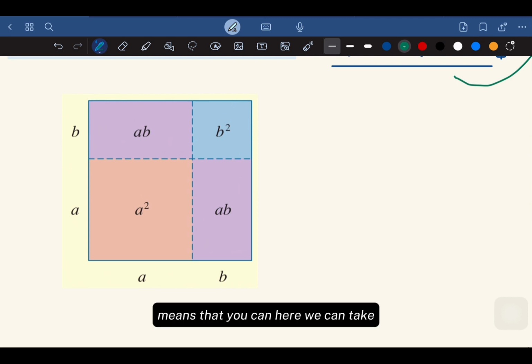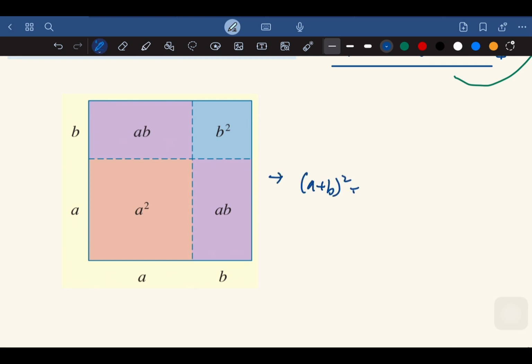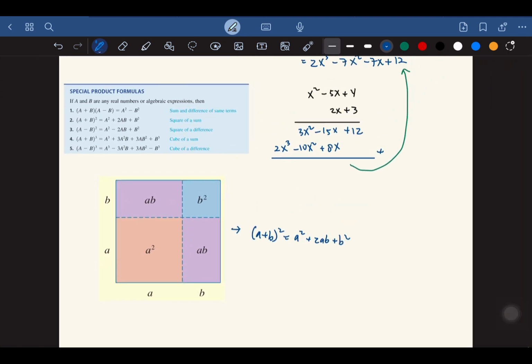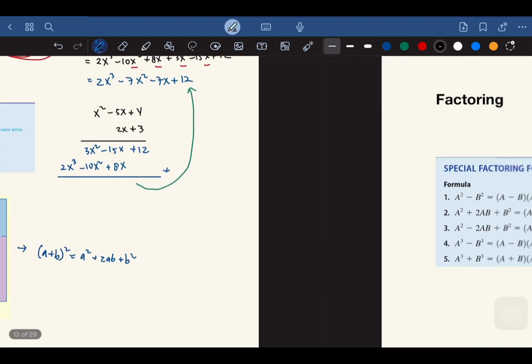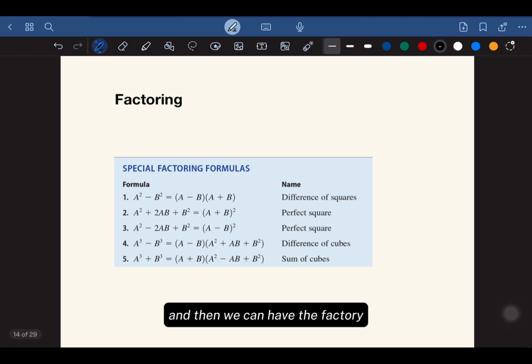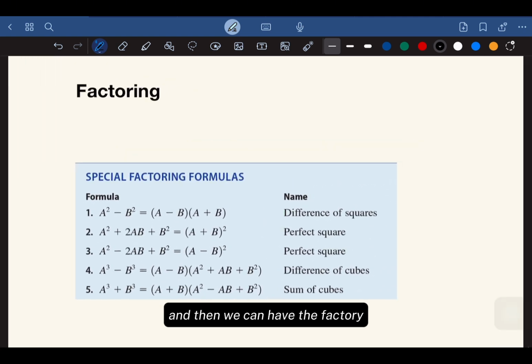Okay. And then we can have the factoring.